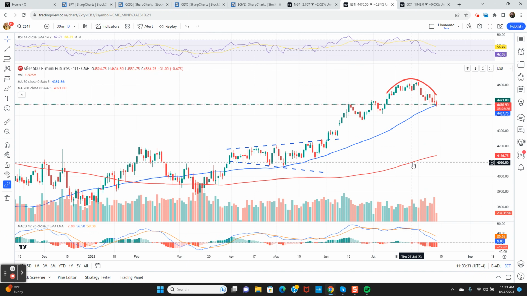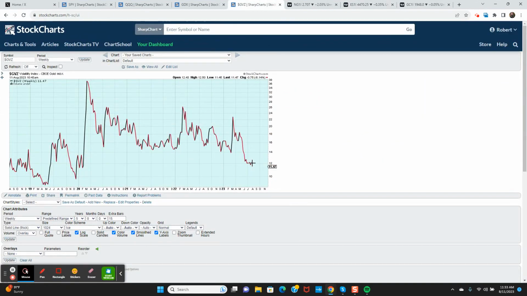The options market is also indicating that, both in terms of the S&P 500 and even in terms of gold. Implied volatility is really low. This is the GVZ, the gold volatility index, lowest since early 2020. And we know what happened in February and March 2020, one of the greatest volatility spikes in history, quite frankly.